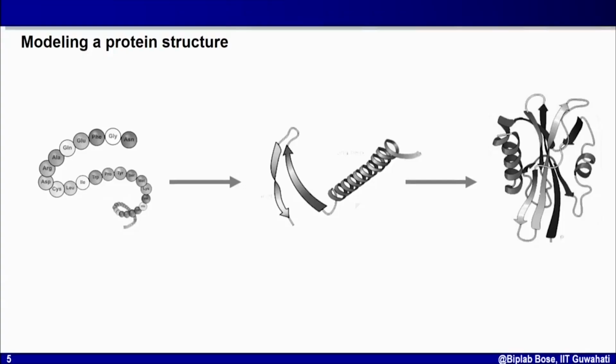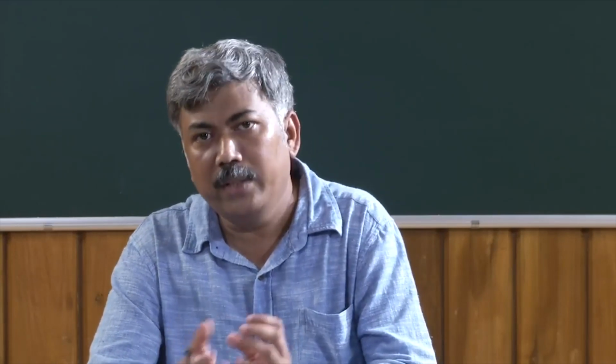As we know, the function of a protein depends upon its structure. So you try to understand the structure of the protein. But if you do not know the real structure of the protein, you create a model of it using some mathematical construct, and you get a 3D model of the protein. From that, you try to understand what may be the function of the protein.